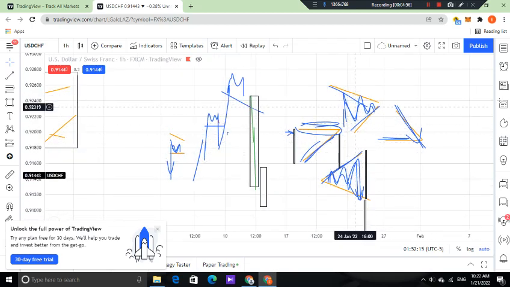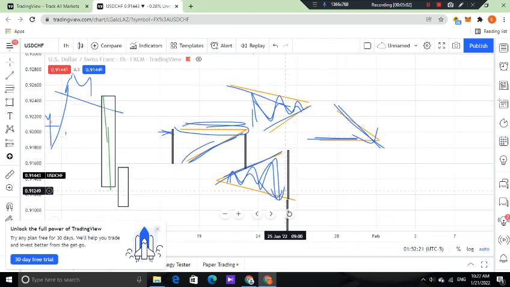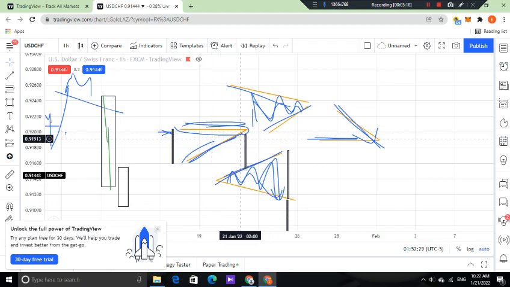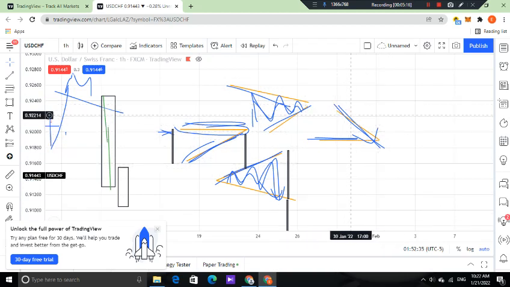In these two triangles, which are both symmetrical, the chance of breakout from each side is equal, but in this one, because we have a bearish line, the chance of a bear breakout is more than a bull breakout.